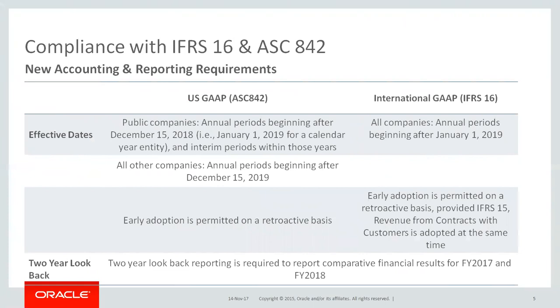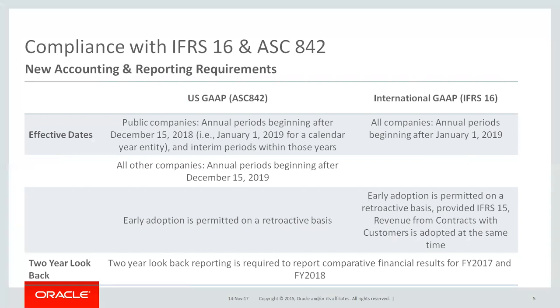And there is a very important aspect of these accounting standards. For the FAS, the effective date for the majority of the entities will be December 2018, whereas for IFRS, for most of the customers, the effective date will be from January 2019.